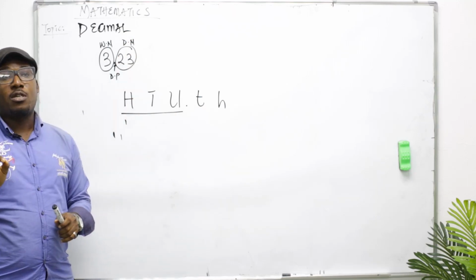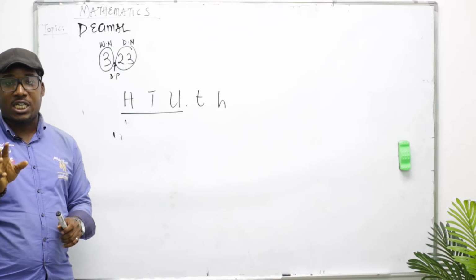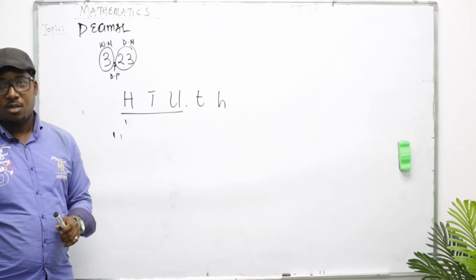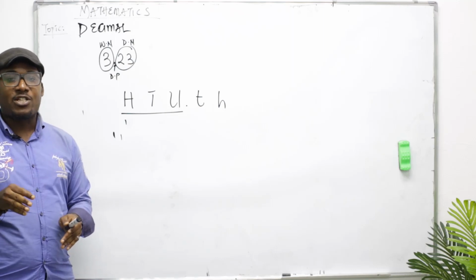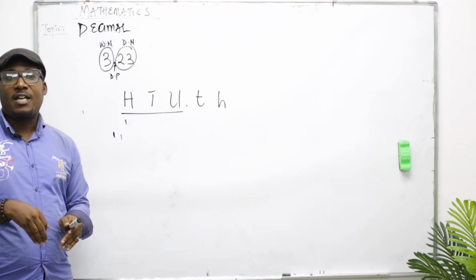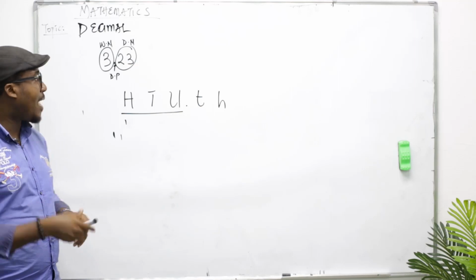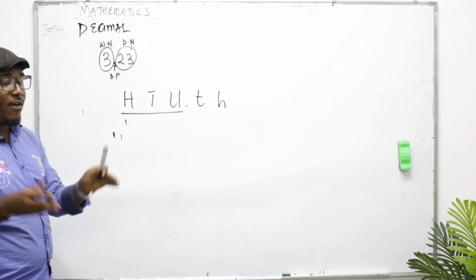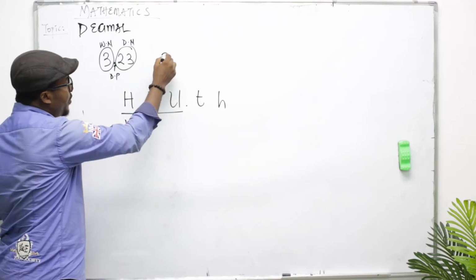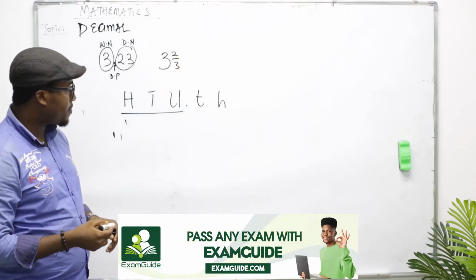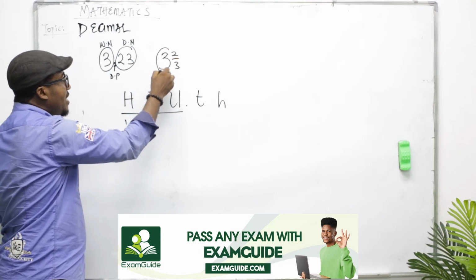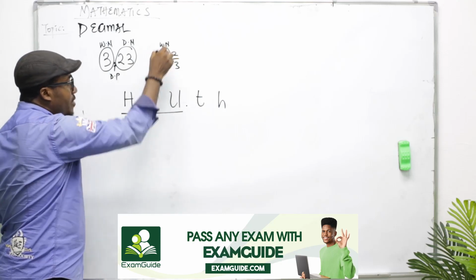This also works for fractions, which are relative to decimals. Here's the catch. In a fraction, it changes. For example, this number can be 3 whole number, 2 over 3. You will notice that this is your whole number the same way.